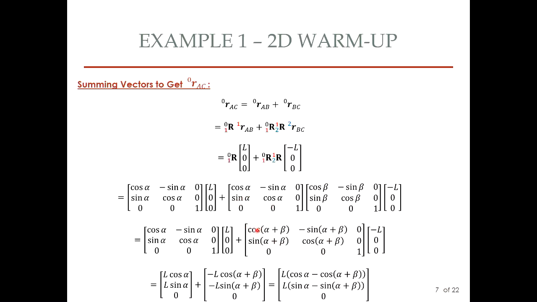Say the first component would be cosine alpha, cosine beta, and then minus sine alpha, sine beta, plus 0. So that would correspond to cosine of alpha plus beta. So that makes sense. You don't need to really calculate it. You can use this property straight away. So this is how you go. And this is the final result.